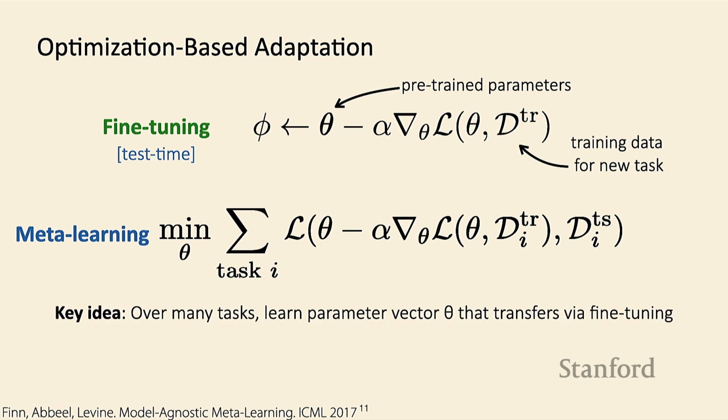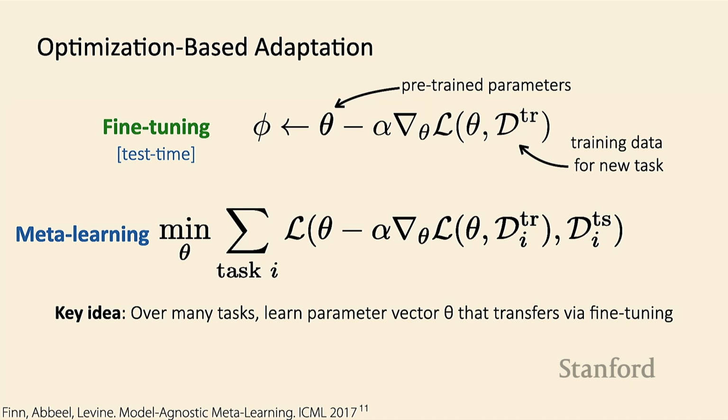The key idea here is to try to learn a parameter vector, an initial parameter vector theta, that transfers very nicely with only a few examples. I mentioned that this is an example for just one gradient step, but in practice, you could also put multiple gradient steps in this inner loop here. The equation will get a little bit longer, but the conceptual aspect of it is the same.